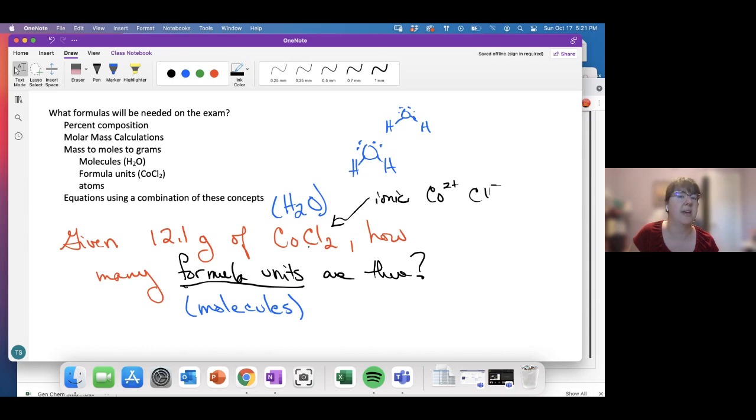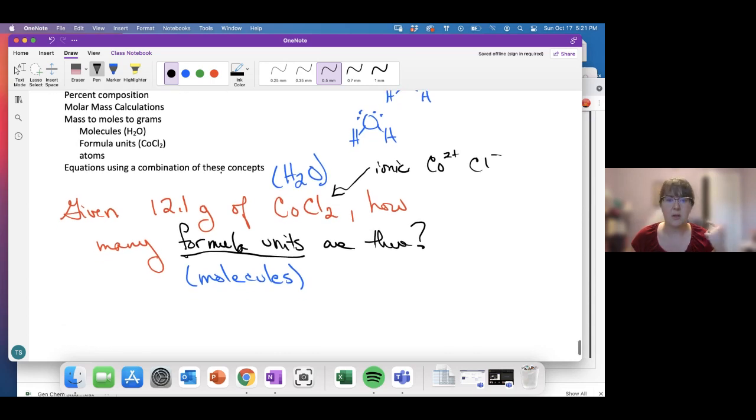So I'm still trying to make that jump that's going to use Avogadro's number. That's the goal. But I've got a couple of different ways to phrase that depending on if I have a covalent molecule or if I have an ionic compound. That's going to determine how this question is phrased.